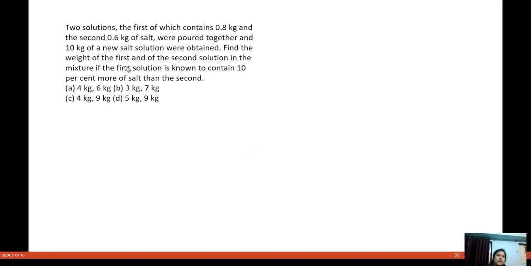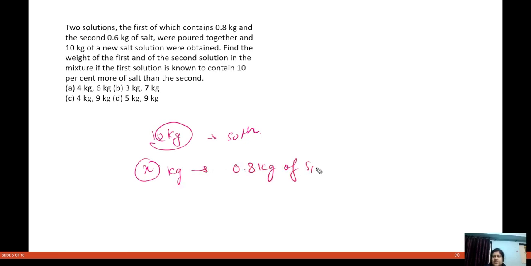So let us see how we can approach this question. We are forming 10 kg of total solution. Let us take x kg of S1, the one with 0.8 kg of salt, and the other we are taking is 10 minus x kg.